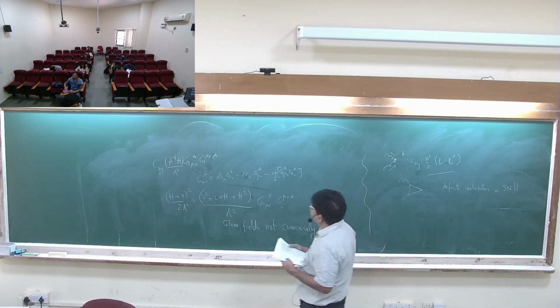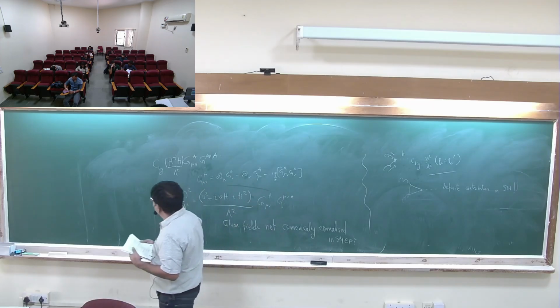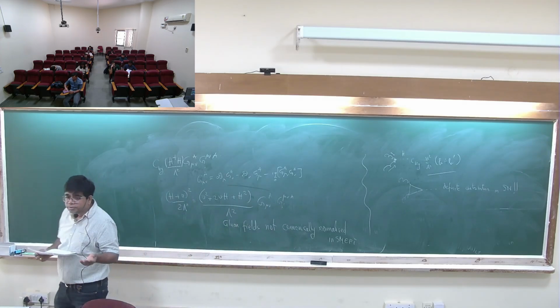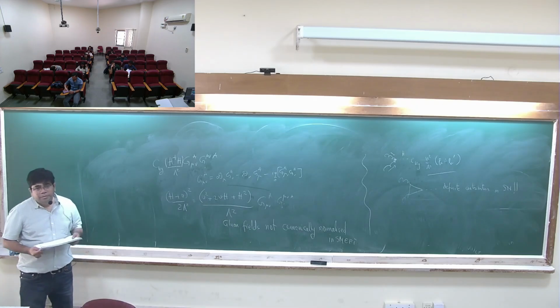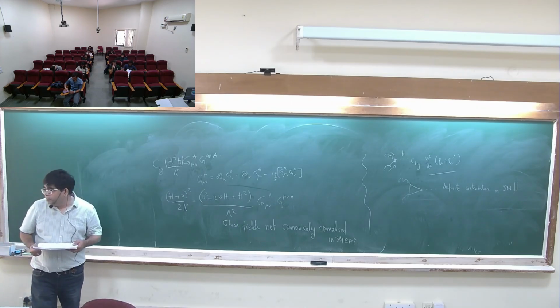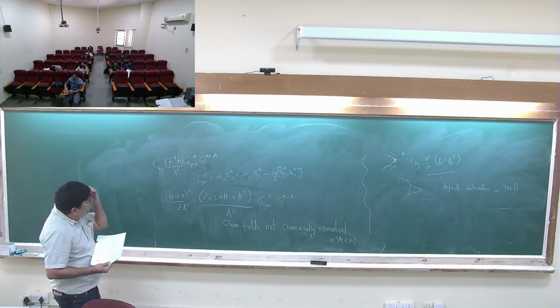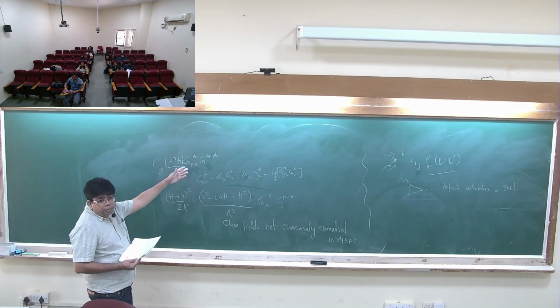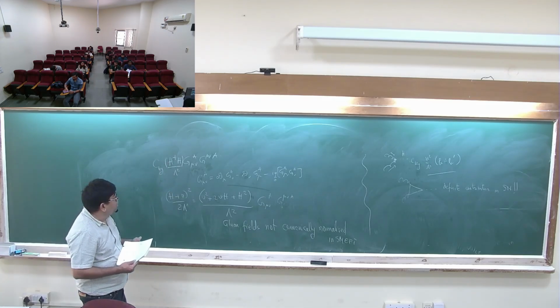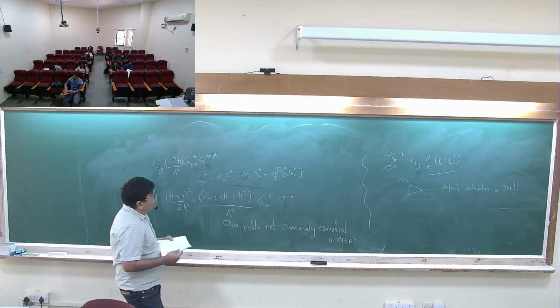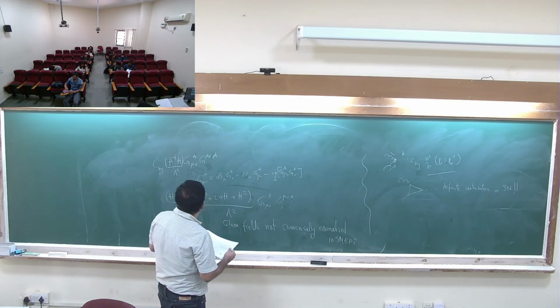Now what we can do, instead of gluons you can put photons. You can do the same thing with F mu nu, F mu nu. So what will it lead to?